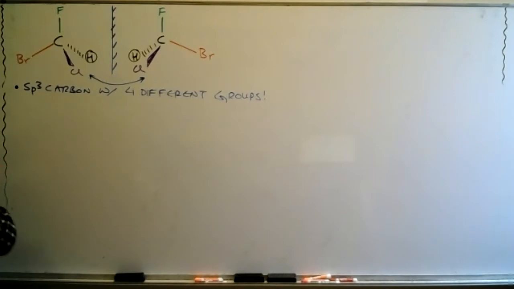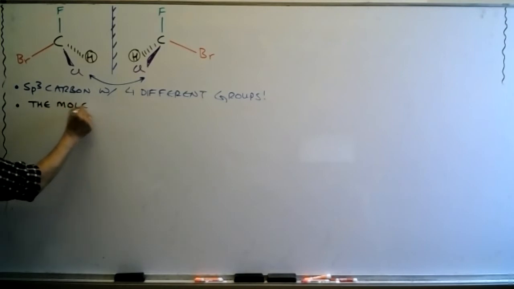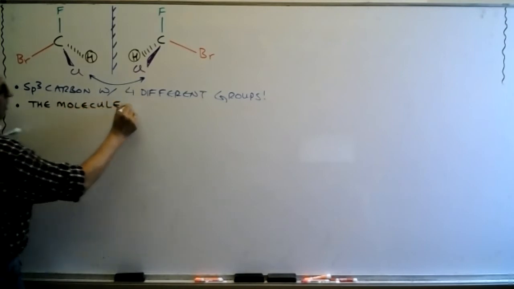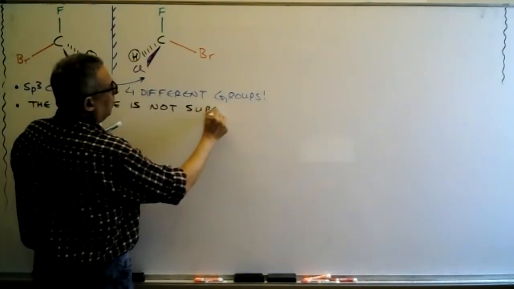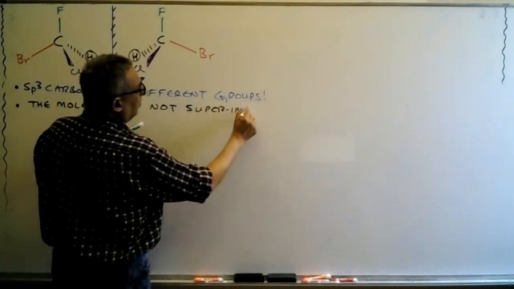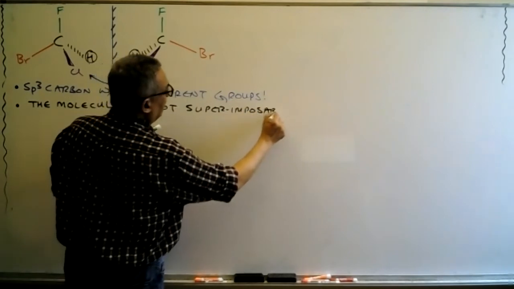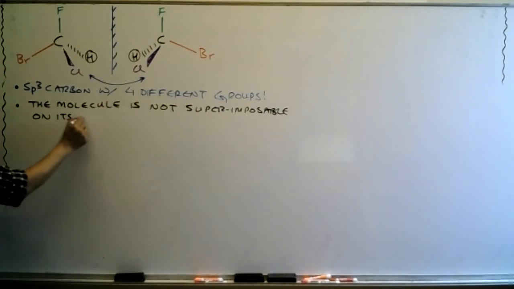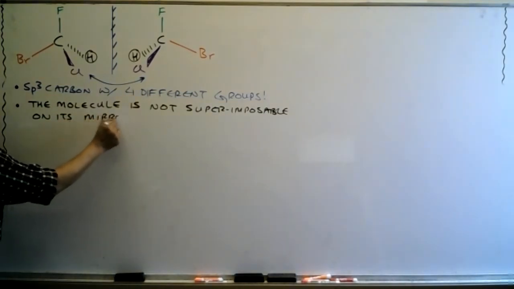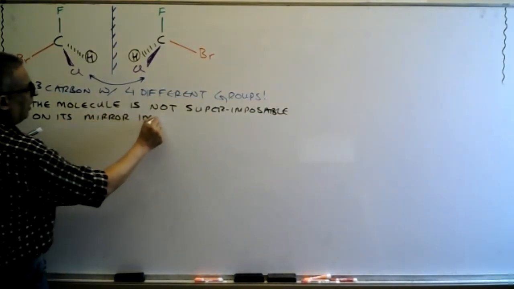All right, number 1. Number 2, second bullet point. The molecule is not superimposable on its mirror image.